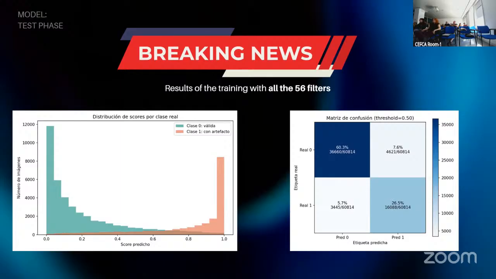That means if you pick a threshold of 0.5, you transform the scores from 0.5 to 1 to a level of 1, so the model would have predicted 1 and the real level was 1.